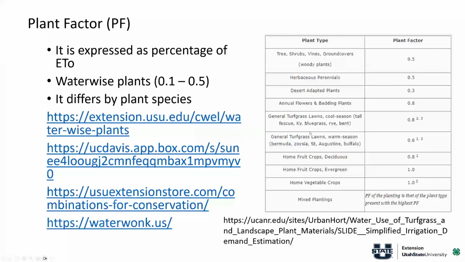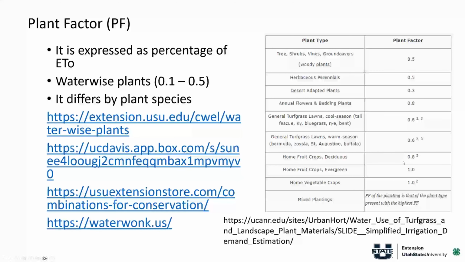But if it is a water wise plant, we can put it somewhere around 0.3, 0.4, or 0.5. If it is a desert plant that really grows in an Arizona climate, we can have 0.1 to 0.3. If you have Bermuda grass, zoysia grass, St. Augustine, buffalo grass, 0.6 or even 0.5.